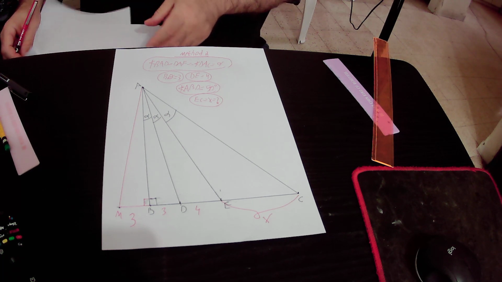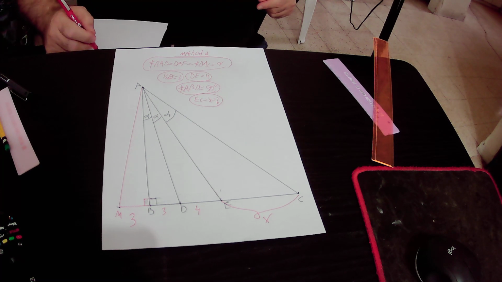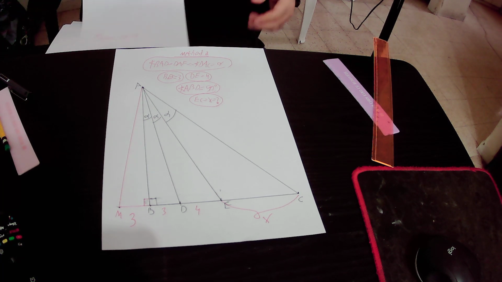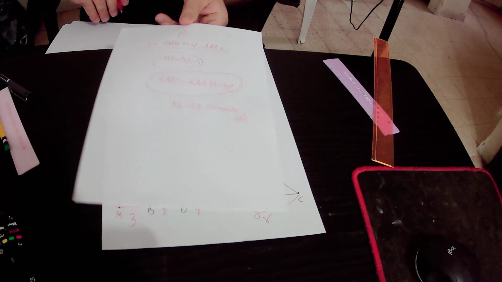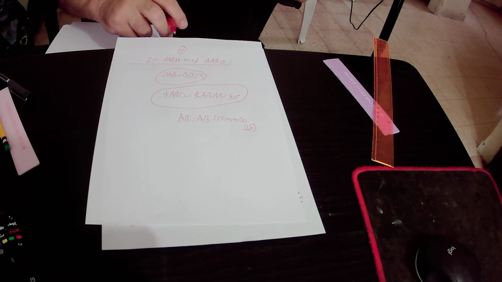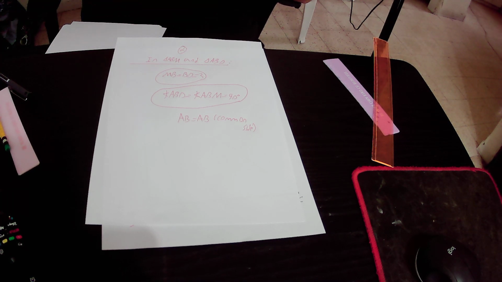And we also have here a common side, AB equals AB. AB is a common side, it belongs to both triangles. So AB equals AB. It is actually a common side. Okay, so we actually proved that triangle ABM is congruent to triangle ABD according to the side angle side rule.